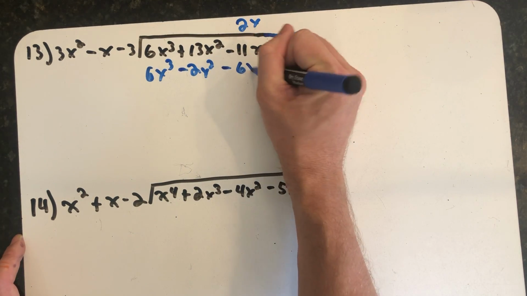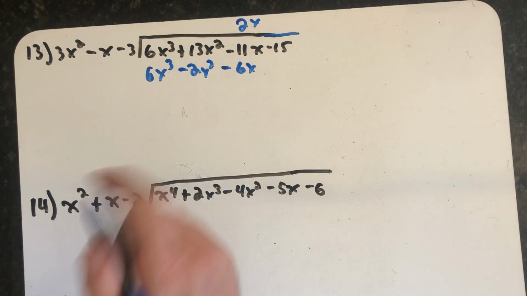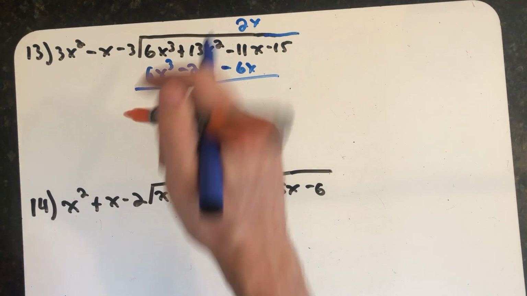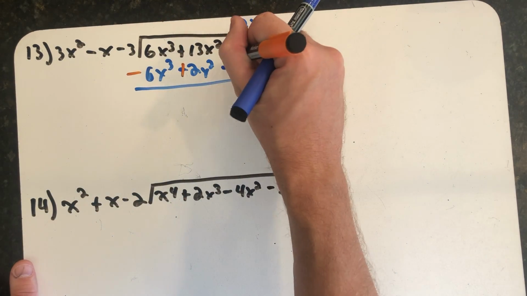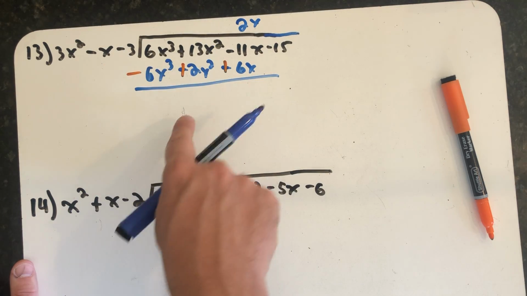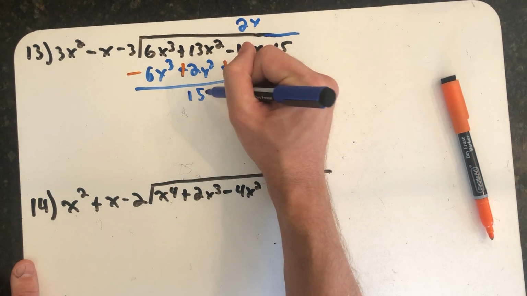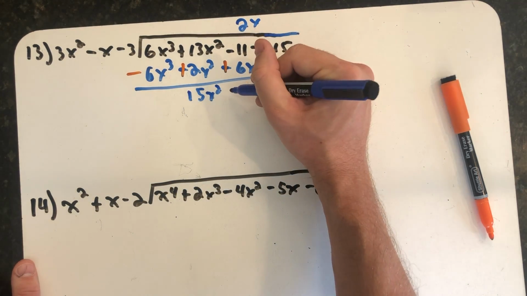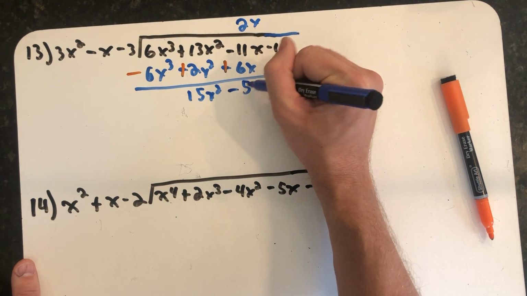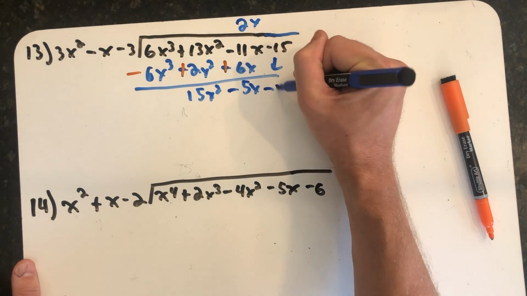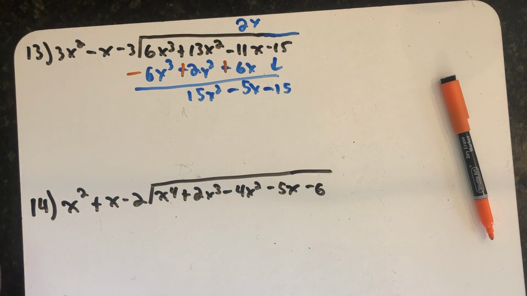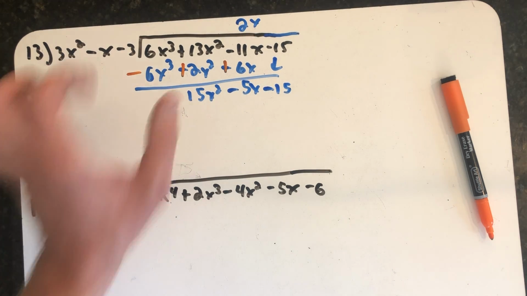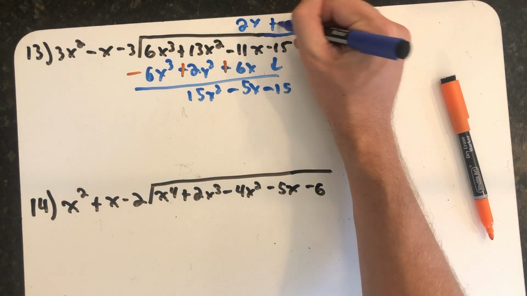Finally, minus 6x, but I need to change those signs to subtract. Those cancel. I get a 15x squared. And then finally, minus 5x. And we need to bring down that minus 15. All right, I need to multiply this by 5 to get that 15x squared.